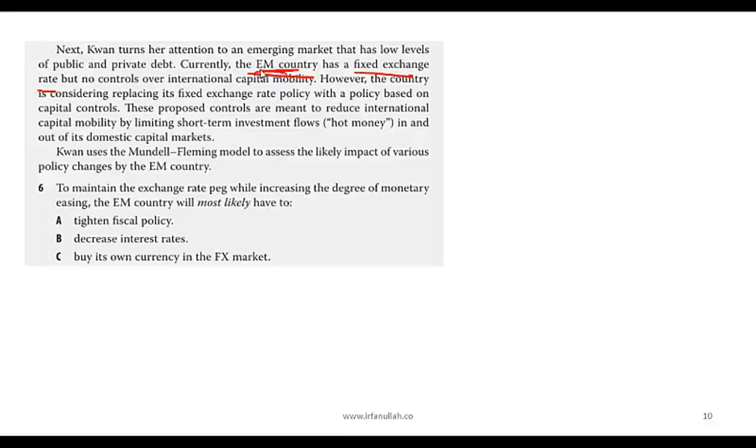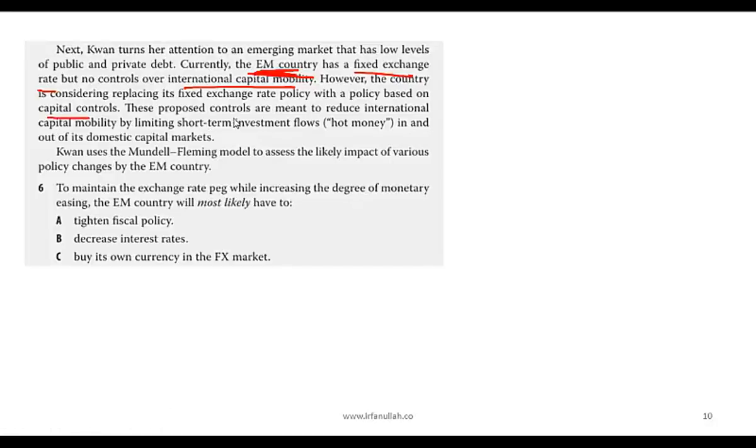So what is the situation with this country? It currently has a fixed exchange rate, but it is thinking of moving towards controlling the capital flow. So moving away from a fixed exchange rate, but imposing some restrictions on capital mobility. The country is considering replacing its fixed exchange rate with a policy based on capital controls.